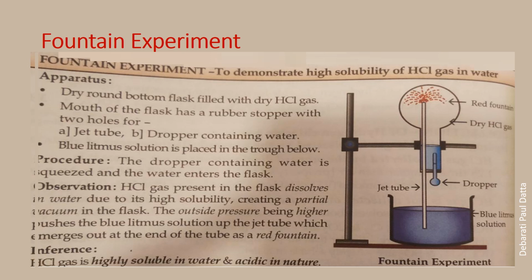Okay, so what is the inference for this experiment? That HCl is highly soluble in water and acidic in nature. Now this one is very important for 2021 ICSE, so read it properly.